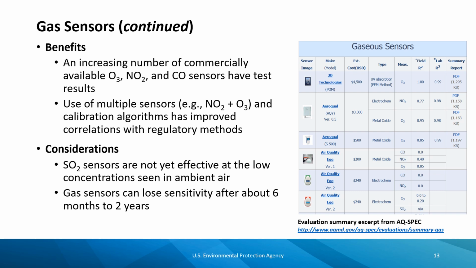The table on the right is an excerpt from a larger evaluation summary illustrating the performance variability for different gas sensors. As for considerations, sulfur dioxide sensors are not currently effective at low ambient concentrations. Additionally, gas sensors typically lose sensitivity after 6 months to 2 years and therefore need to be replaced more often.